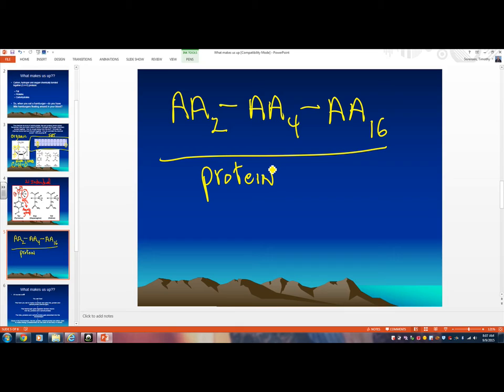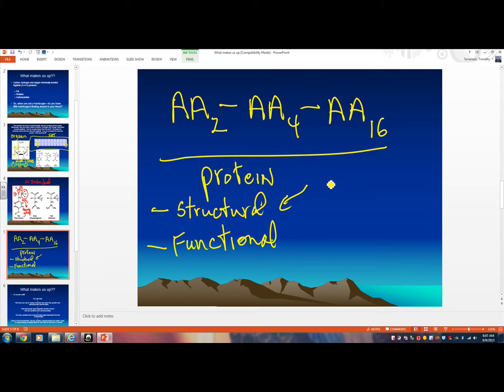So, again, the two big classes of proteins in the body are structural proteins and functional proteins. So, the structural proteins provide the framework of your body.